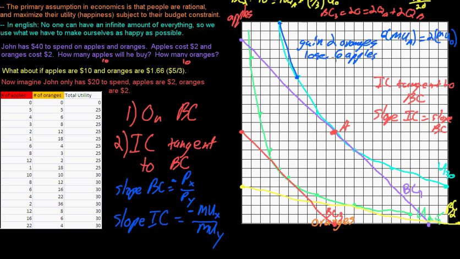And so this slope then is going to be the marginal utility of oranges divided by the marginal utility of apples, or the ratio of these two.